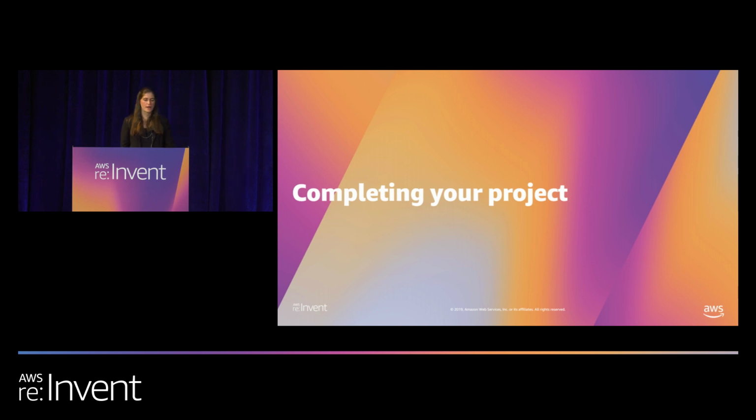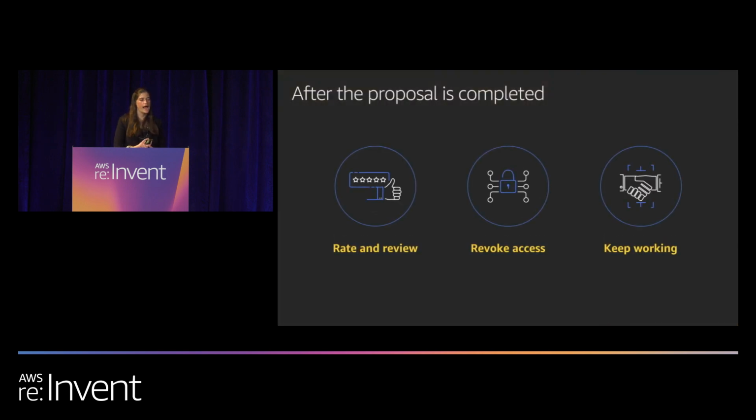So we've posted our request, connected with a great expert, and granted access and paid our expert. After your proposal is complete, you can rate and review the expert. We collect public feedback, so that's that 1 to 5-star rating, as well as the text review. And we also collect private feedback, which helps us to inform the service.